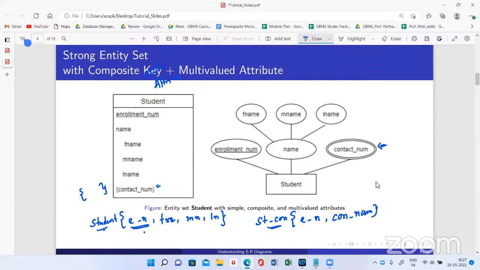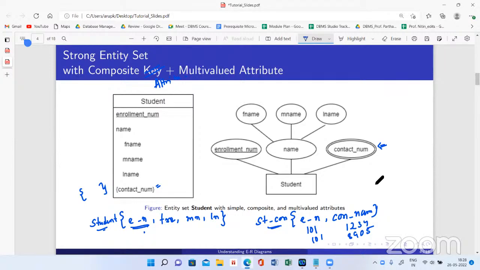If I have enrollment number 101 and 3 numbers, 1, 2, 3, 4, and another number 8905, then for each contact number my enrollment number has to be repeated, because my entries are atomic. So which can be the primary key here?